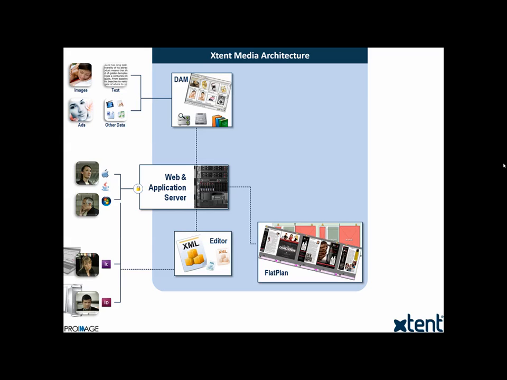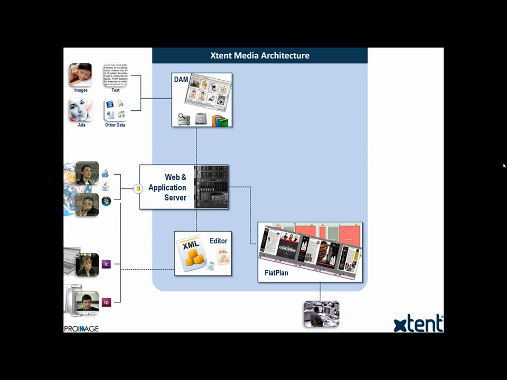Another powerful feature of Xtent is that it contains a built-in flat plan module, which allows you to create a plan of what you wish to publish, identifies specific pages and what they'll be used for, and calculates real-time percentages of the mix of ads versus editorial content. You can also inherit previous editions and pages, allowing you to create a plan in a matter of minutes.